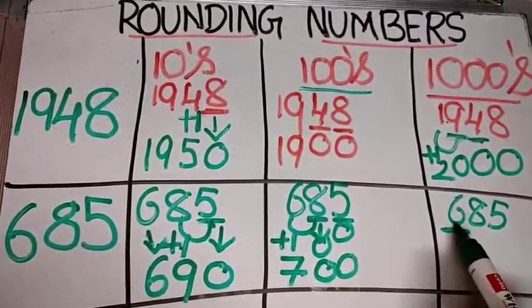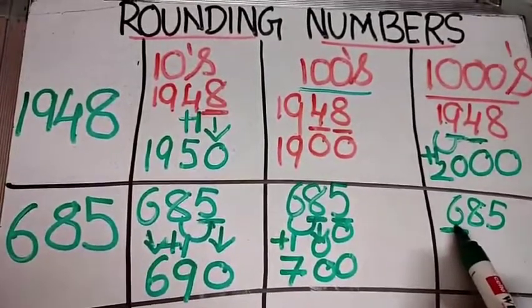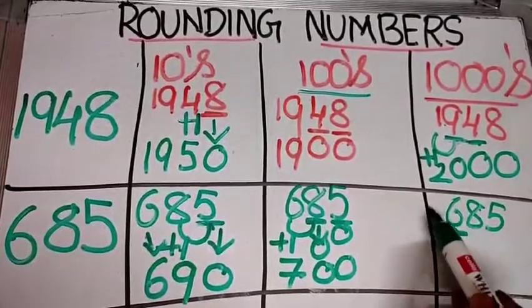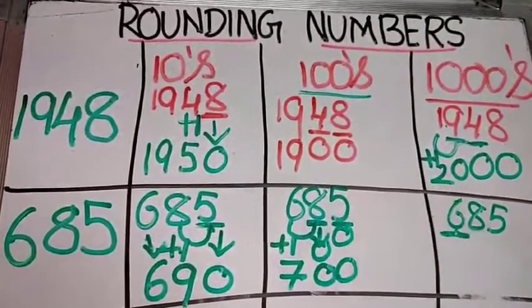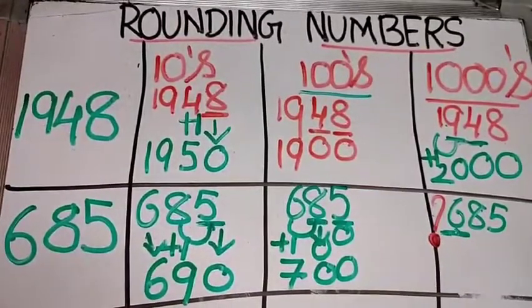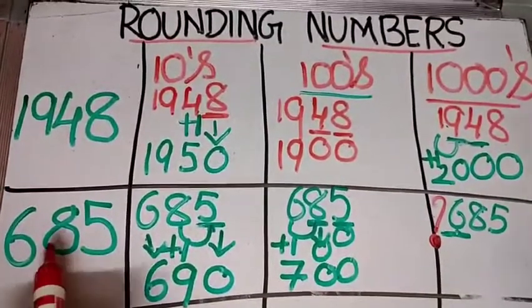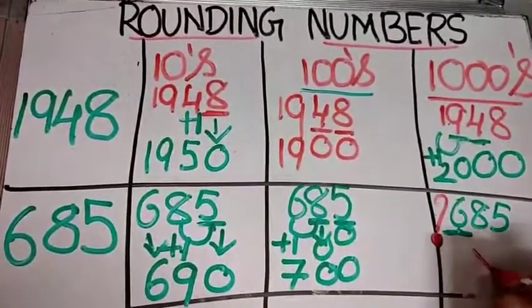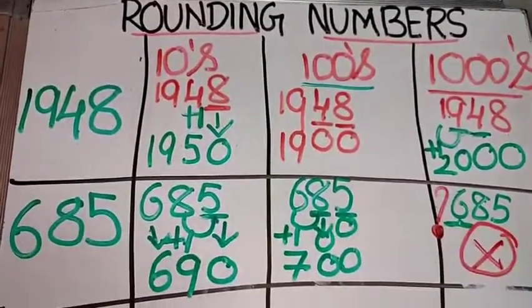Hundreds place digit, that means 6. 6 is greater than 5. So we have to add plus 1 to the next number. Do we have any number after this? No. So we cannot find the rounding number of 685 to nearest thousands.